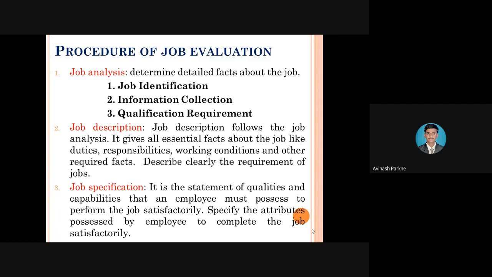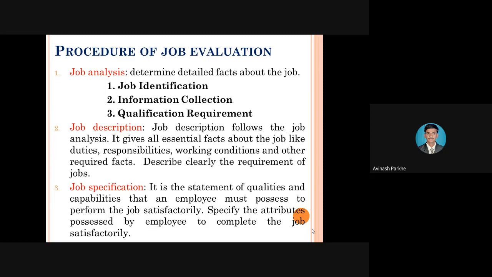In addition, there are additional requirements, maybe responsibility, or the skill required to carry out that task. Maybe a skilled operator is required, or an unskilled operator, or a supervisor. All the basic information we will get from this job analysis process.